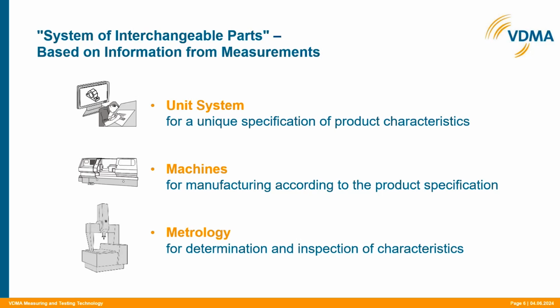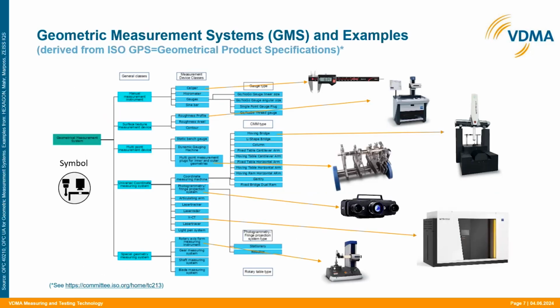Of course, it's not. Dimensional metrology or geometric measurement systems can start from a small caliper, which you see on top. A small, handheld device, usually manually operated, and it can go up to a very, very large system, which is integrated directly into the shop floor.